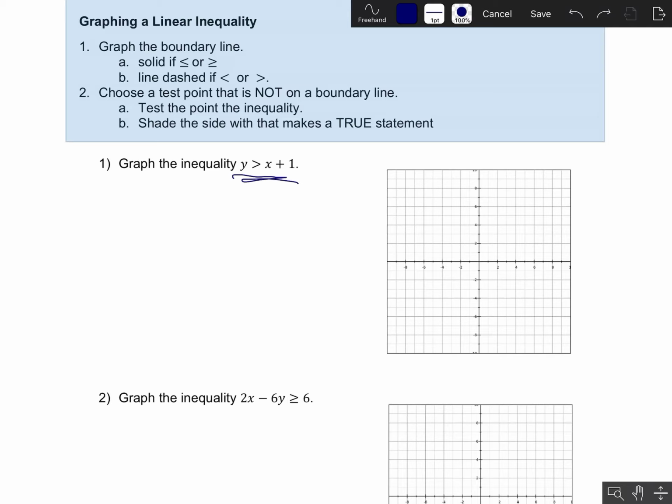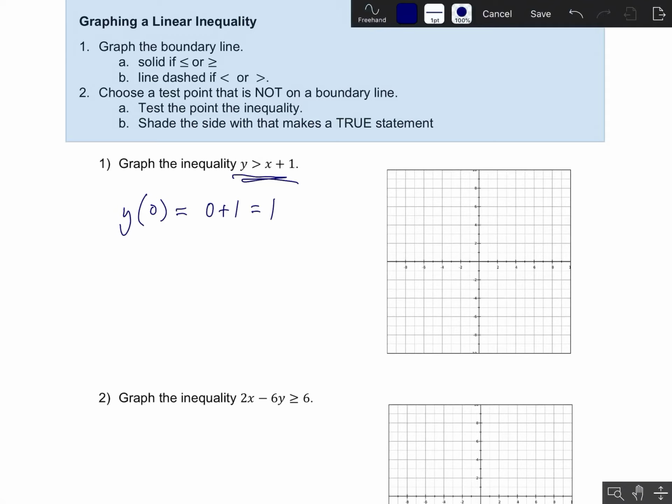So I'm going to roughly graph this line. Here we have the line y is equal to x plus 1. A line is determined by any 2 points that live on that line, so you can just plug in 2 x values and figure out the corresponding y values. For example, we could figure out the y value whenever x is equal to 0.